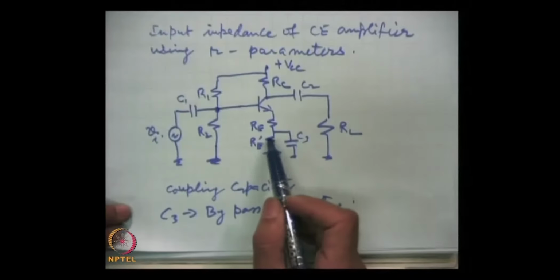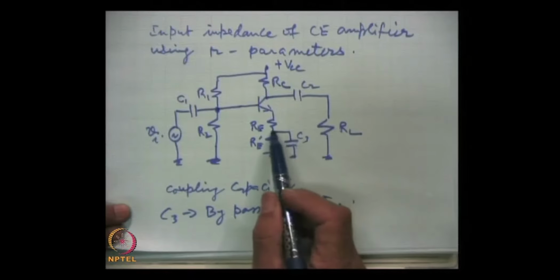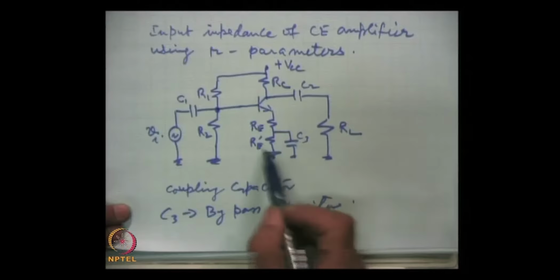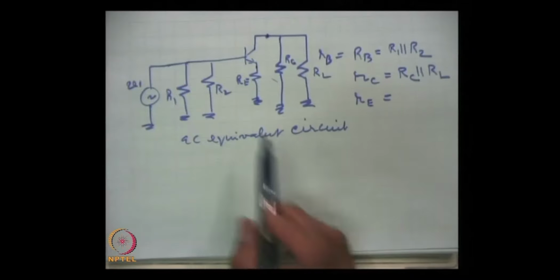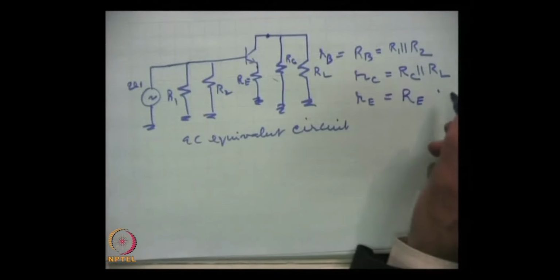Now, this resistance we are bypassing. So, in AC equivalent circuit, when it is shorted, this disappears, and what remains is RE.